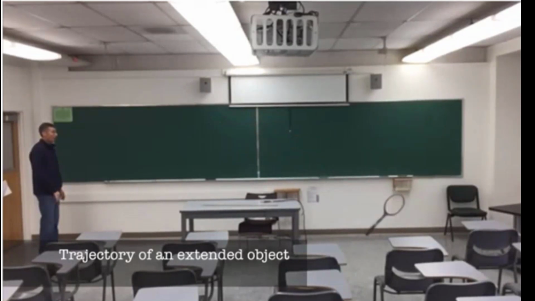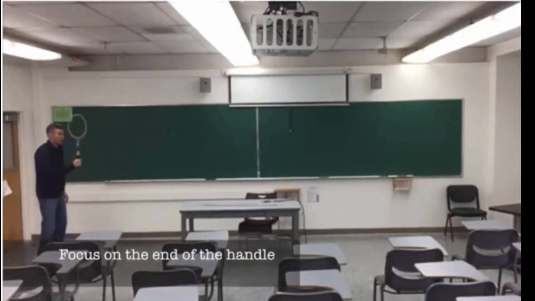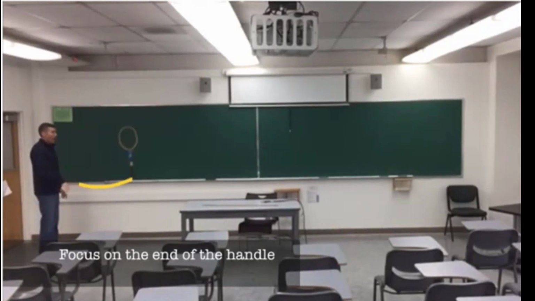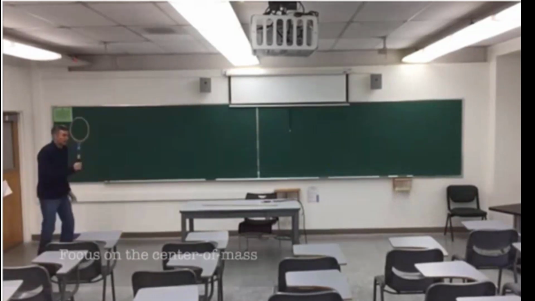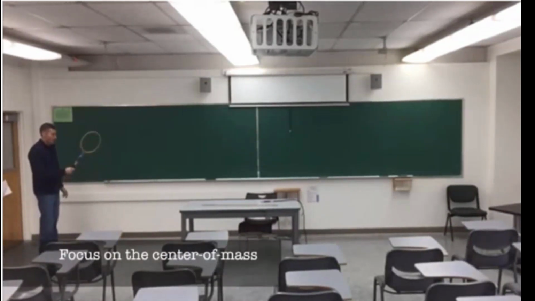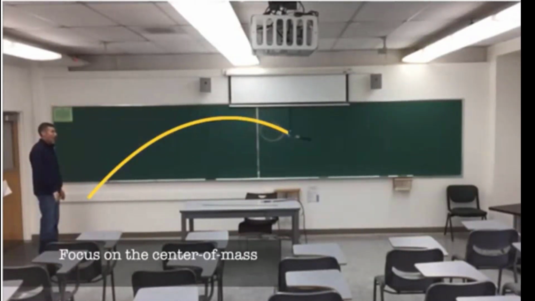Now he's going to define the motion of this rocket by first looking at how one end of this rocket is moving in air. This is not what we are dealing with. The second one is to follow the center of mass motion, how the center of mass is following what kind of path.